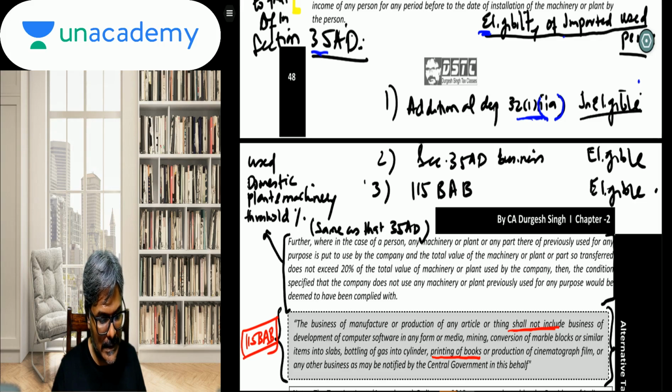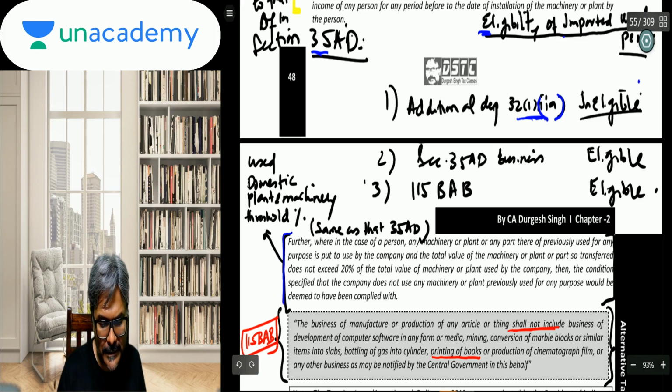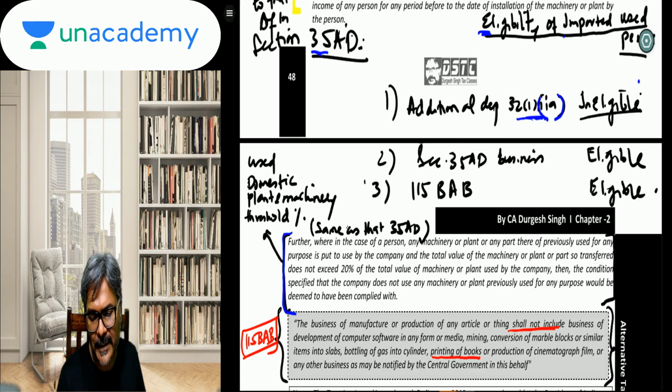So what is that situation which has been there over here? The same thing, students. Can you see this? 20%. Domestic plant and machinery threshold percentage, same as that of 35AD.